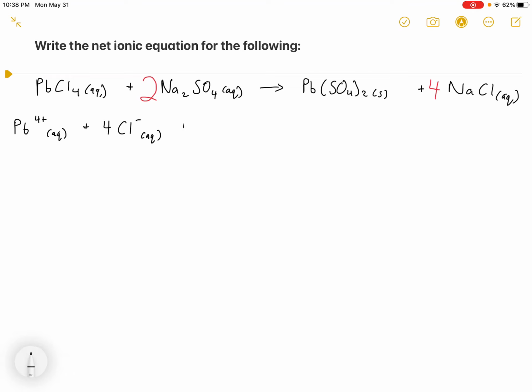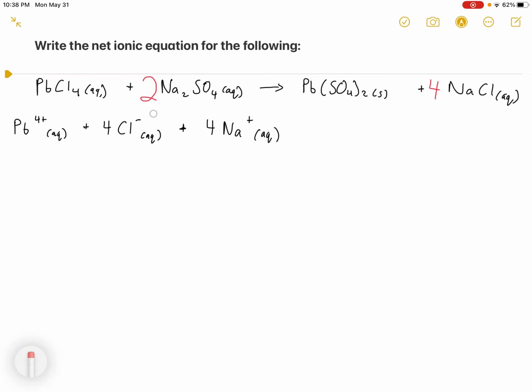And then we'll move on to the sodium sulfate. So we're going to have 4 sodium cations, and the reason why there's 4 is because, see there, that subscript 2, 1 molecule of sodium sulfate has 2 sodiums, and we have 2 molecules of it.